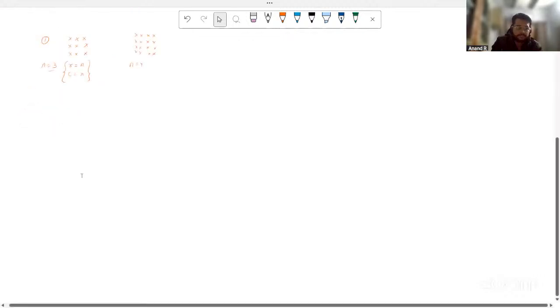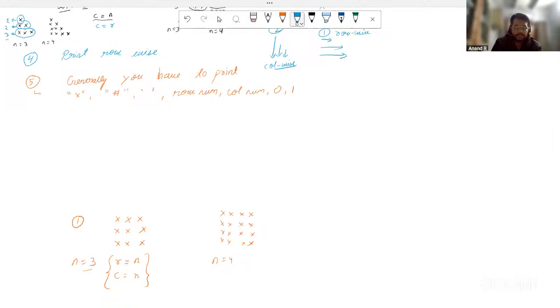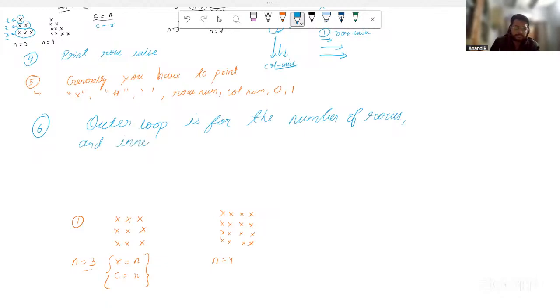Whenever you're printing something, the outer loop is for the number of rows and the inner loop is for the columns.